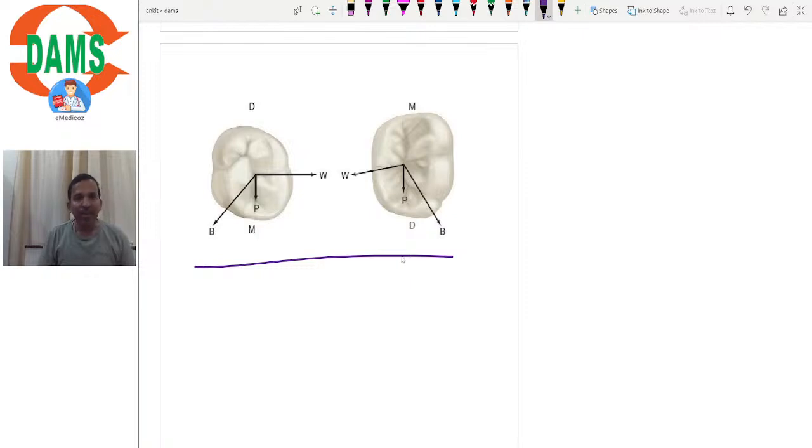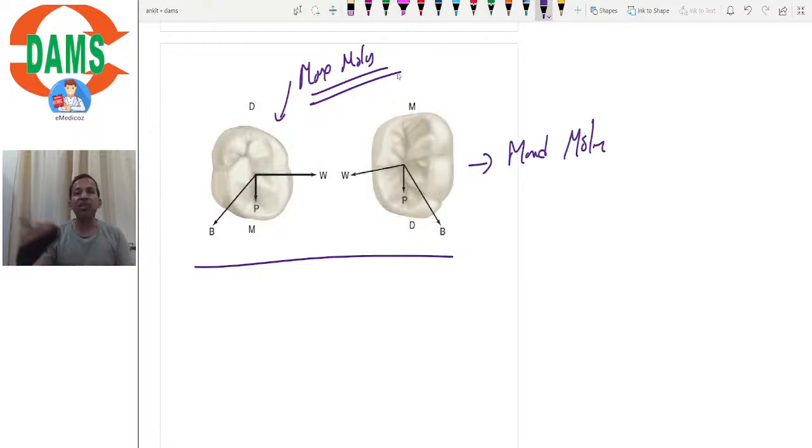Now, this is a part of the occlusion. What does this diagram say? Here in this diagram, you can see a mandibular molar and a maxillary molar. Sometimes they might ask you the movement of one over the other.